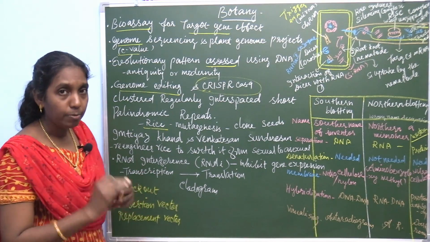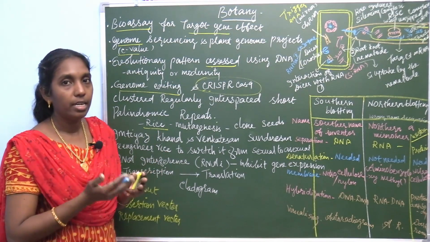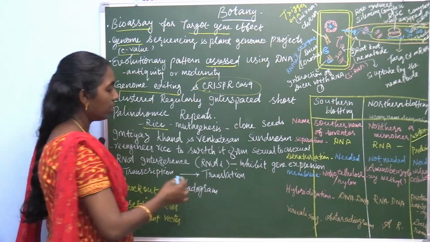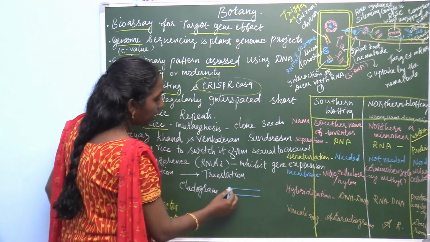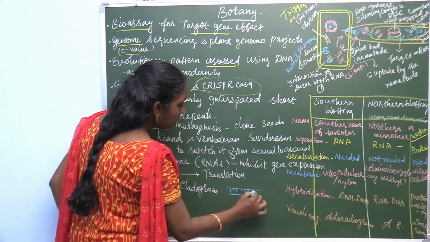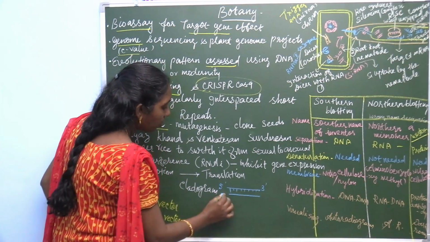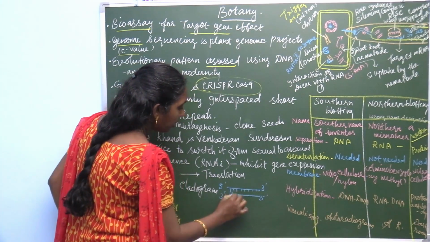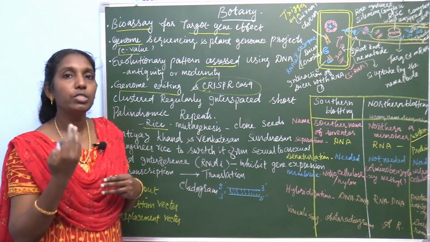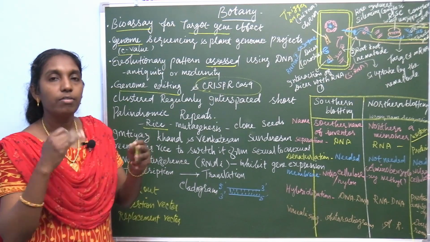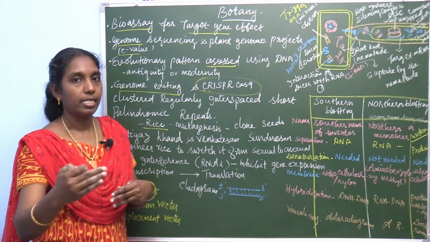In transcription, the genes are located in the DNA sequences. You all know there are two complementary strands: one strand in the 5' to 3' direction, the other in the 3' to 5' direction. Transcription is the first process when characters are expressed, followed by translation.